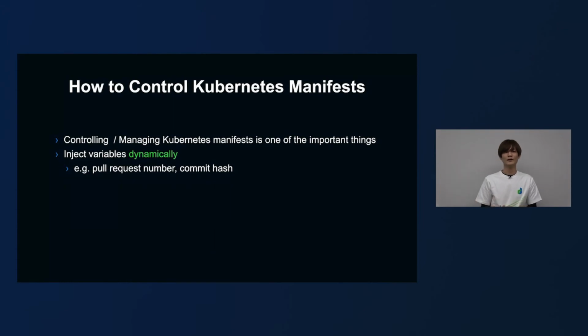Within Kubernetes, the name of metadata or the size of CPU, such as units, and also environment variables can be defined in the manifest. You don't have to worry about creating a manifest with the same fixed value every time, but in this case, you need to dynamically register the pull request number, git commit hash, etc. in the manifest to determine which pull request it is.